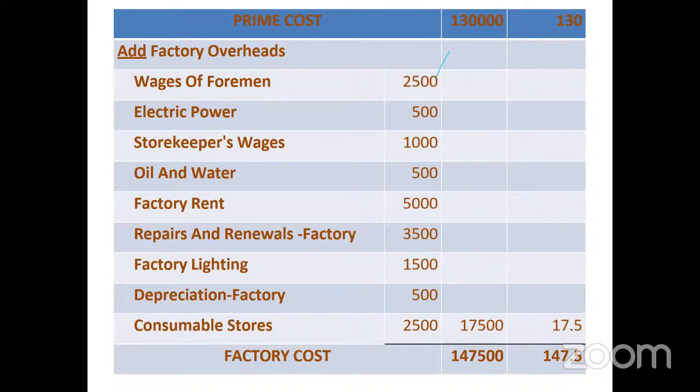Sir, how to get the factory depreciation if 3 products are there, for one product? If we are preparing as per individual product, how to get the factory depreciation? You can charge the depreciation on the basis of your square feet area, if you are using that.